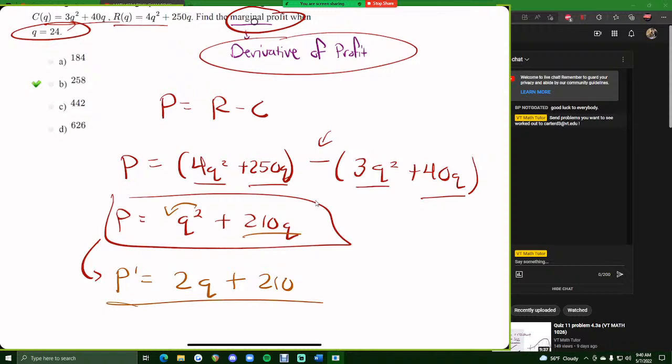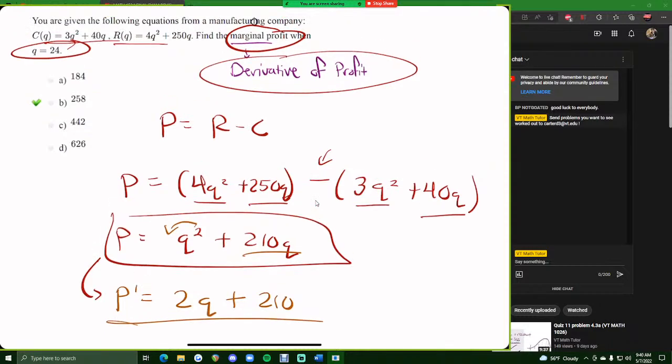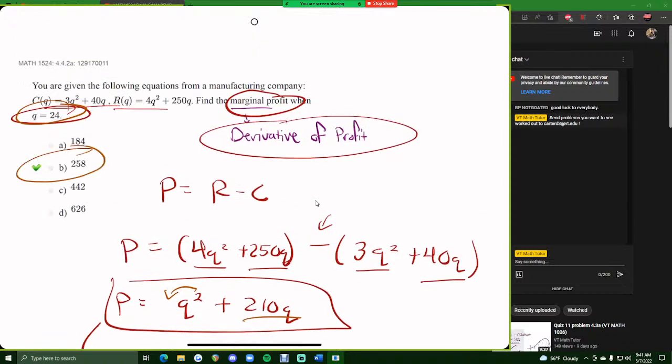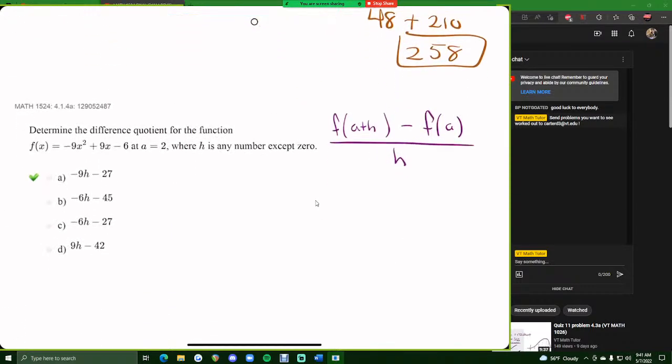So we get 2Q plus 210. And now we just plug in 24 because they ask for the marginal at Q equals 24. All right, trying this out by hand, we get 48 plus 210, so we get 258. And that's it. Let's keep it rolling.